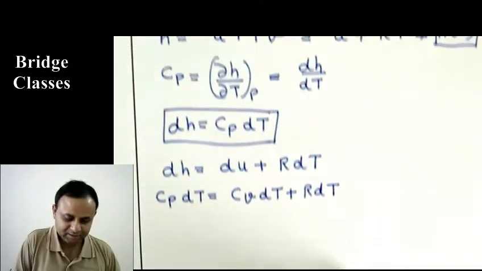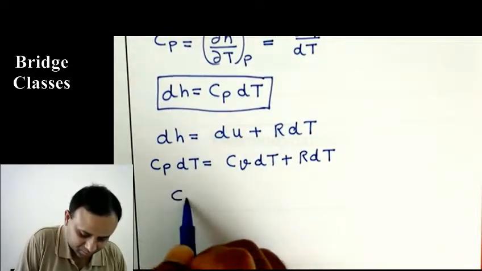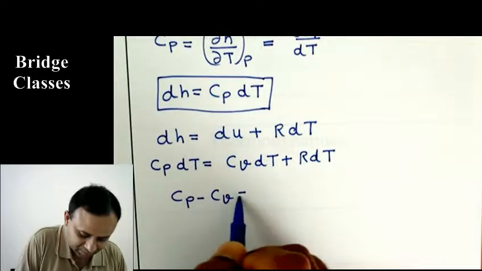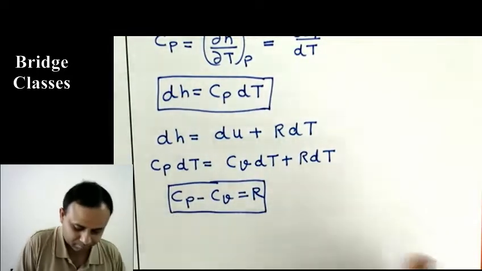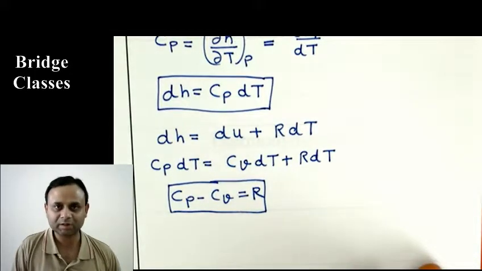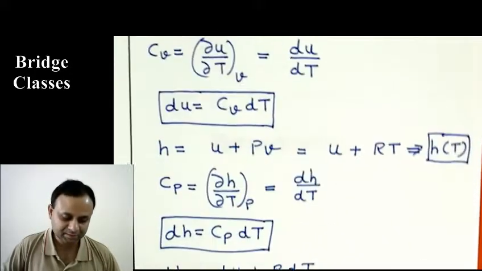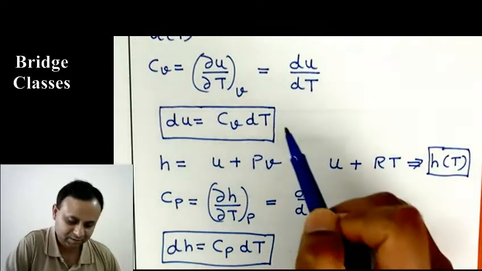So dT cancels and you get Cp minus Cv is R. So these are very important relations. For an ideal gas, we must remember these.